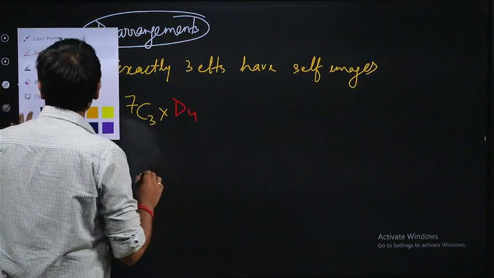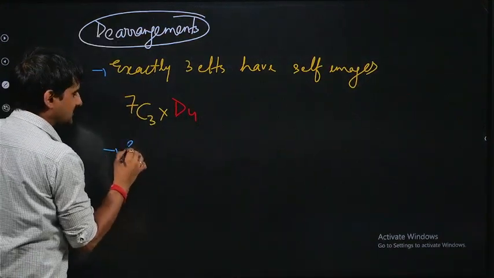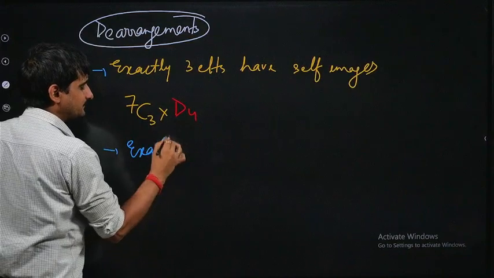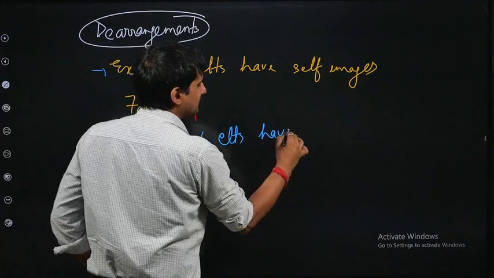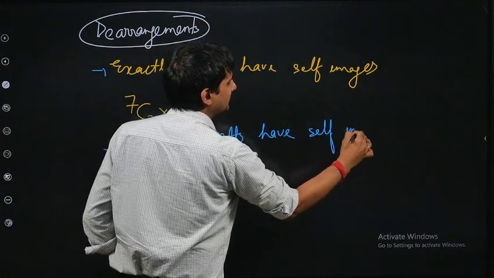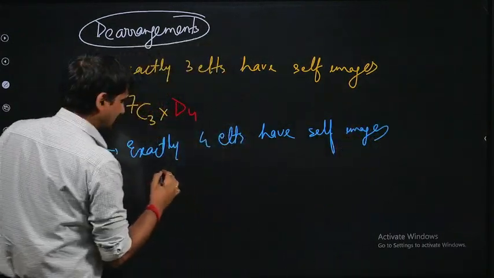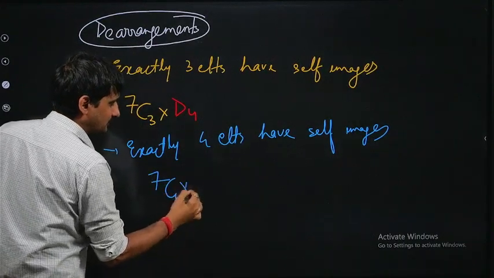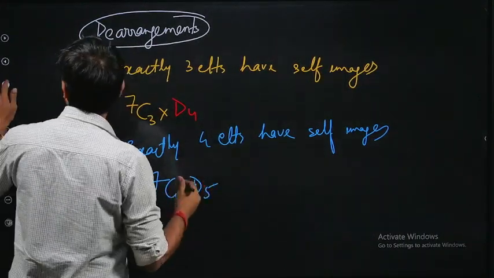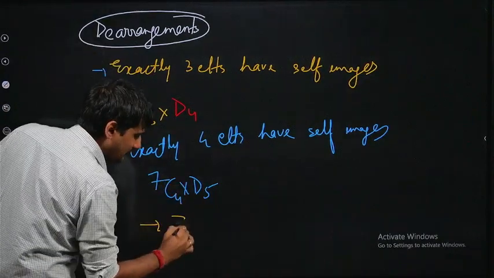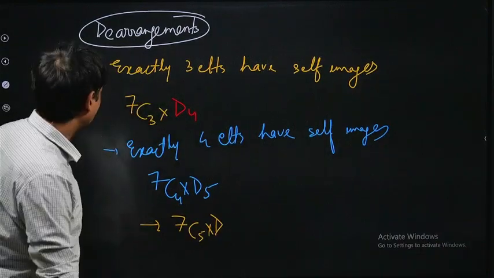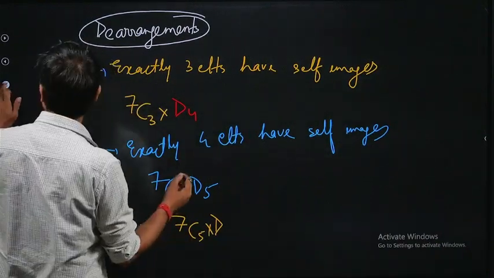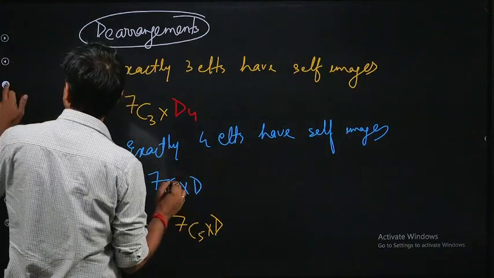So that's one: 7C3 into D4. Similarly, when exactly 4 elements have self images, it is 7C4 into D3, because 3 elements will be left out.